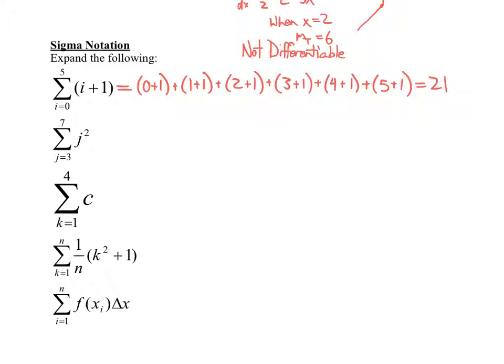Now, we also have here another one, j equals 3 to 7 of j squared. Now, this is one where we did have a formula that we looked at. We actually proved this using math induction back in pre-calc honors. We used the math induction and proved the sum of the squares. All right.